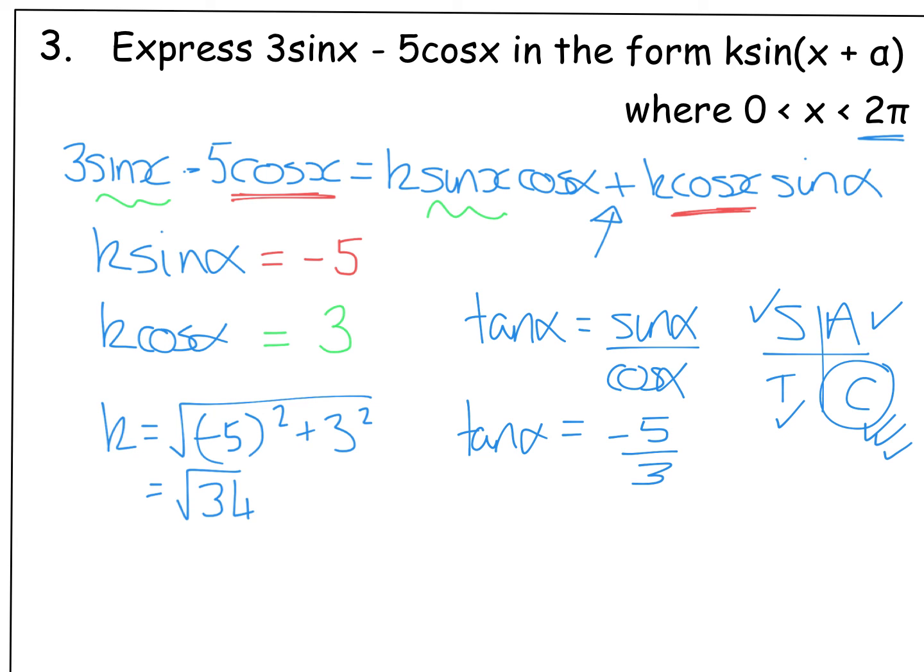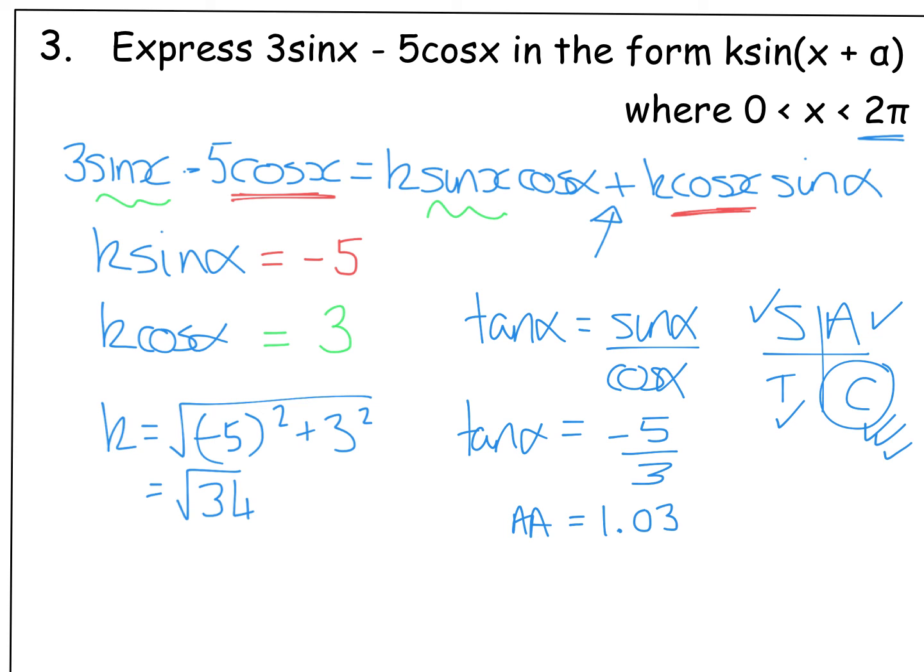But I have to go put my calculator to radians mode. Now, when I do radians mode for this one, and do shift tan of 5/3, remember never put a negative in your calculator, you come out with 1.03, and I'm going to go to 2 decimal places here. And normally we'd take that off 360, but we're not doing angles.